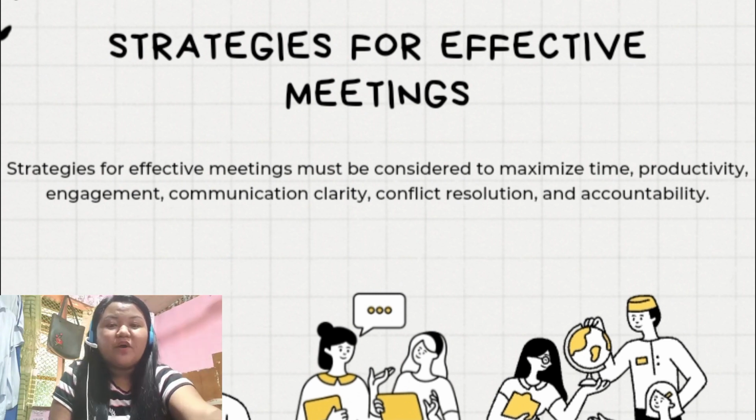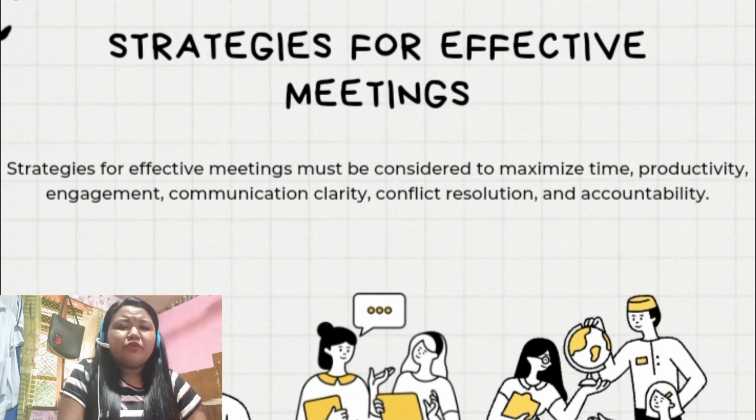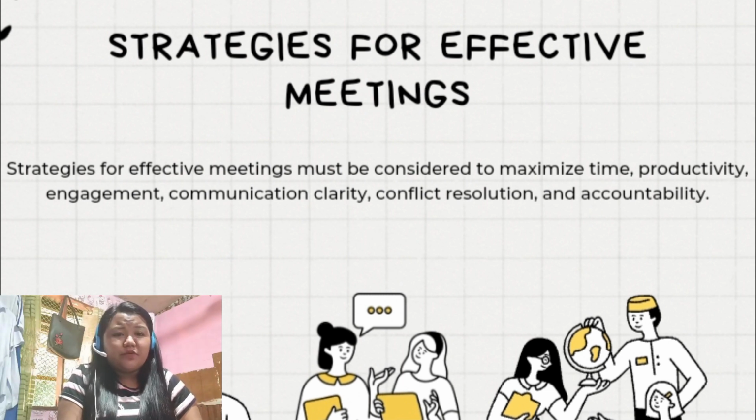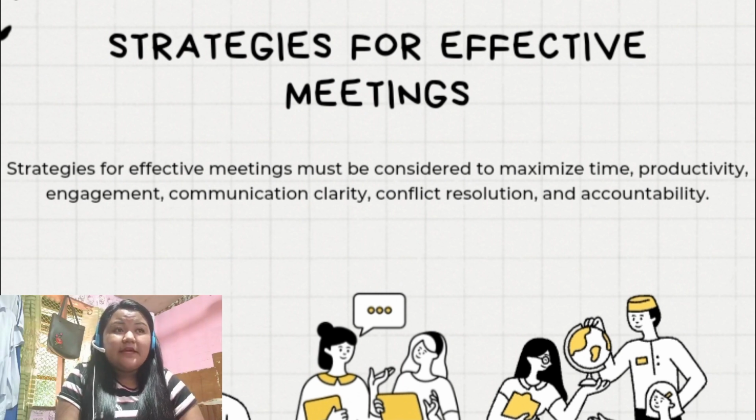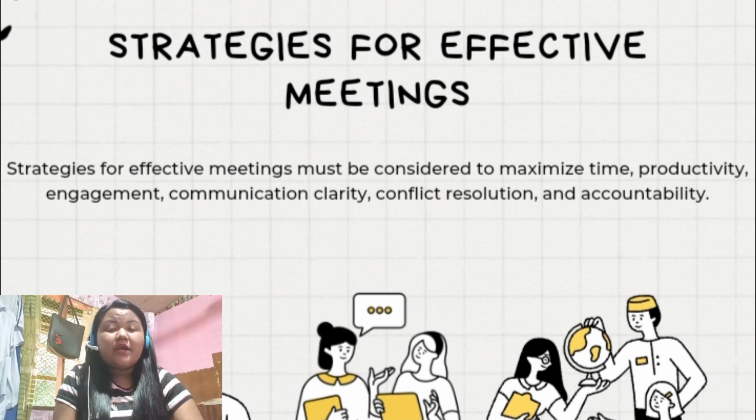So the fourth one would be communication clarity. Why is communication clarity important, by the way? Of course, it's very valuable. You need to have communication clarity for those people to understand the purpose or the agenda of your meeting, and for them to understand how it should work.